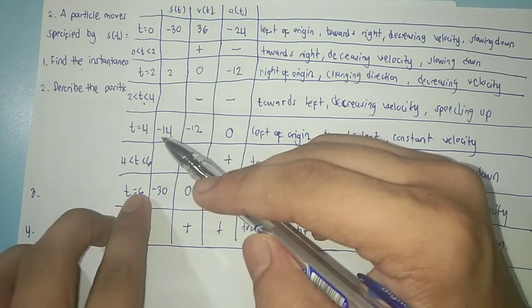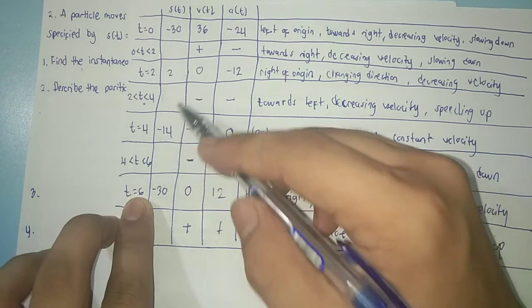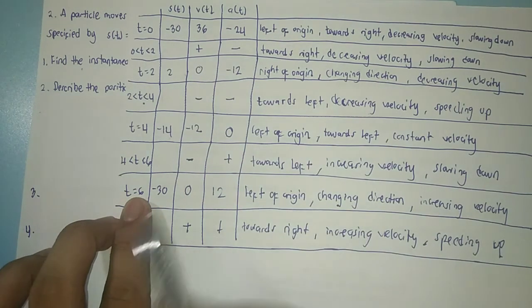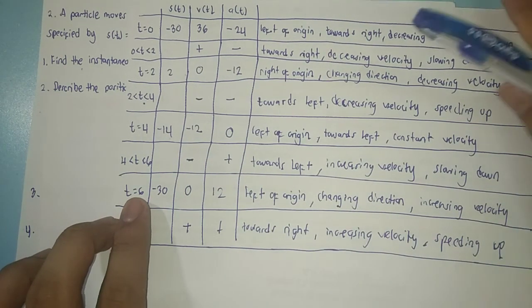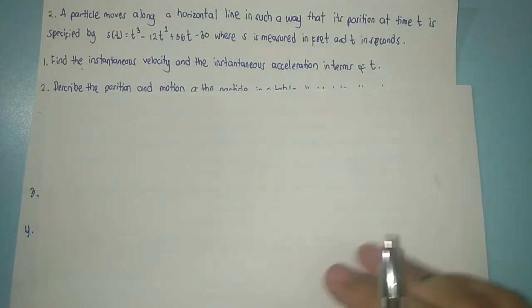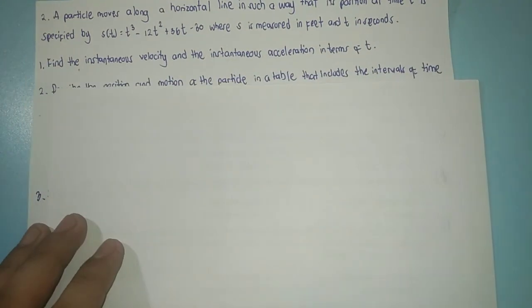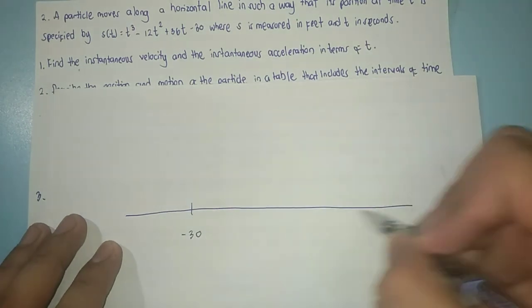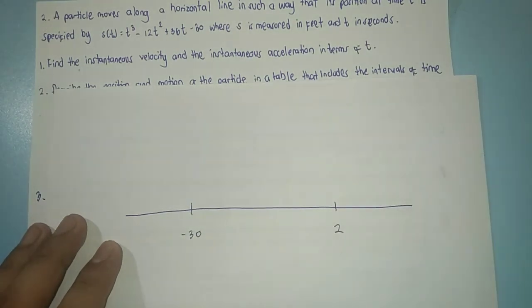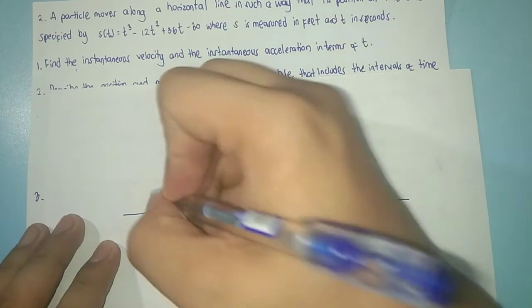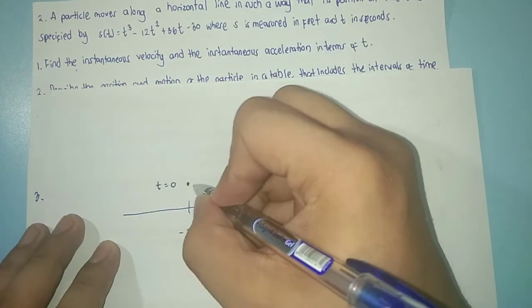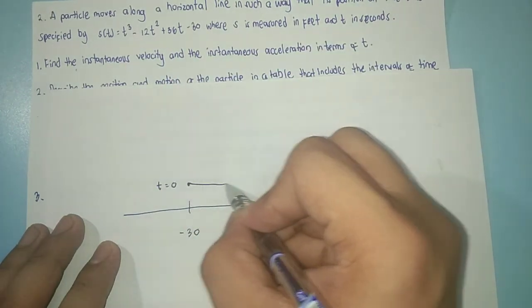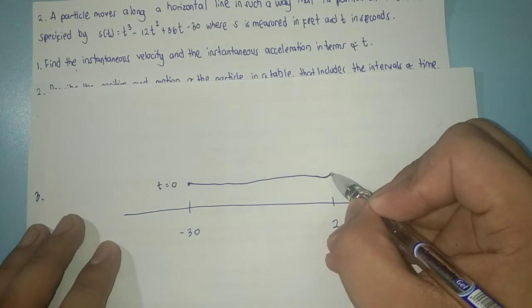And then, at t equals 6, nag-move siya pabalik sa negative 30. Okay? So, meaning, so let's say, this is negative 30, this is 2. So, nagsimula dito, t equals 0. So, nag-move siya dito sa 2.